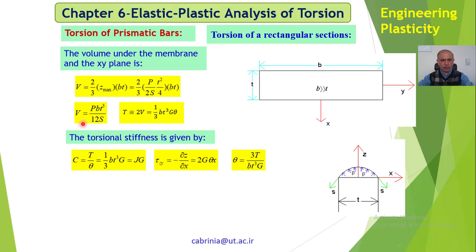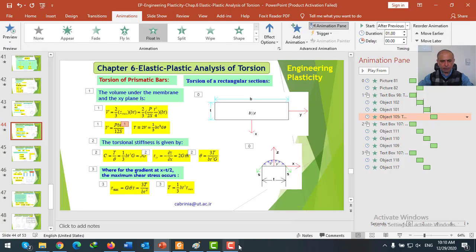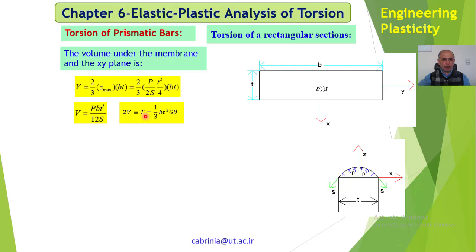Instead of this p over s, we have put G theta, and that's what we get for T. In fact T is equivalent to 2V, but T is equal to that. So maybe it was better to write 2V is equivalent to T and T is equal to that. That would be a better notation. Therefore, 2V is equivalent to T and is equal to 1/3 of b t cubed G theta.